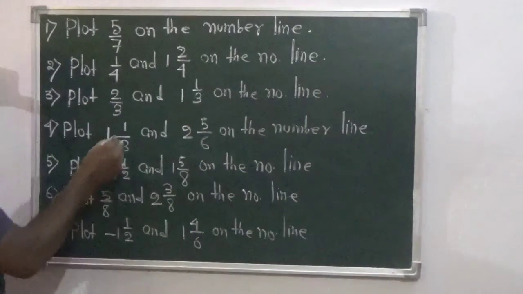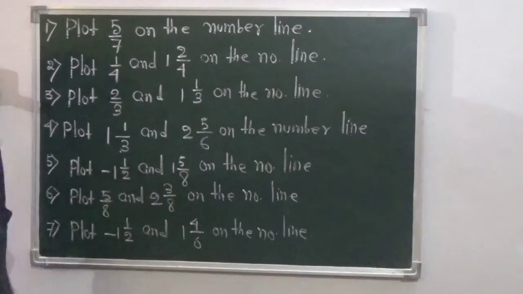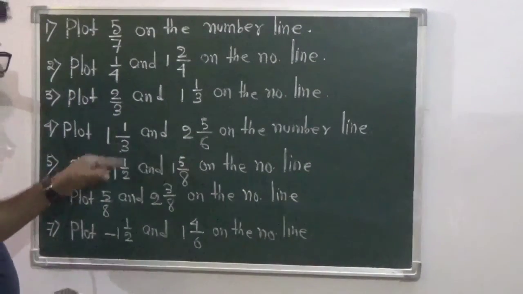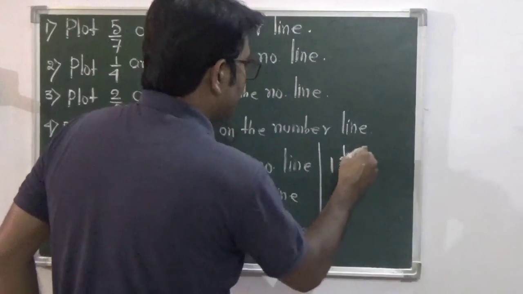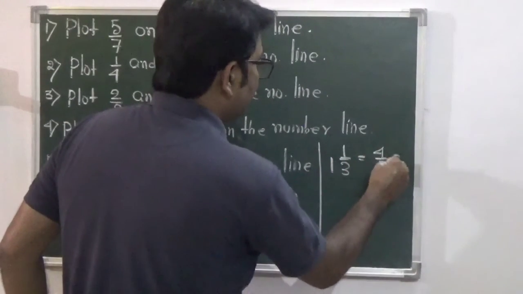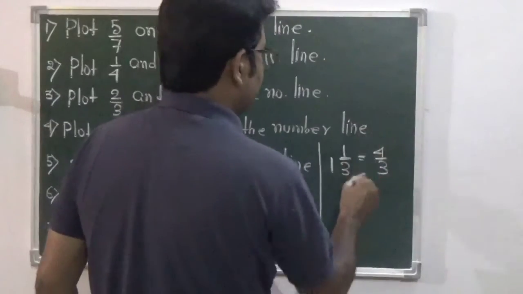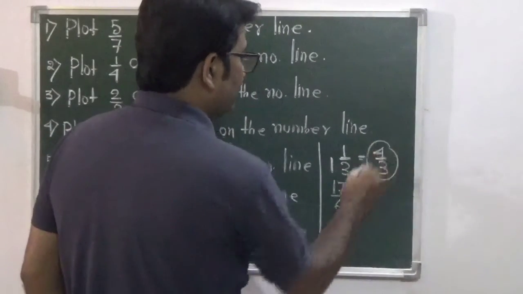So you have to change the first number by making the denominator equal to 6. For example, 1 1 by 3 is equal to 4 by 3, and 2 5 by 6 is 12 plus 5, 17 by 6. This is 17 by 6 and this is 4 by 3.